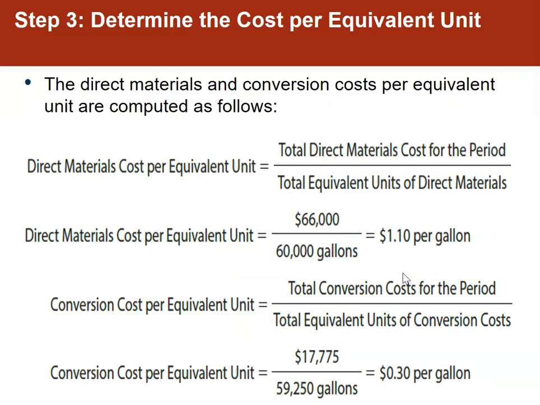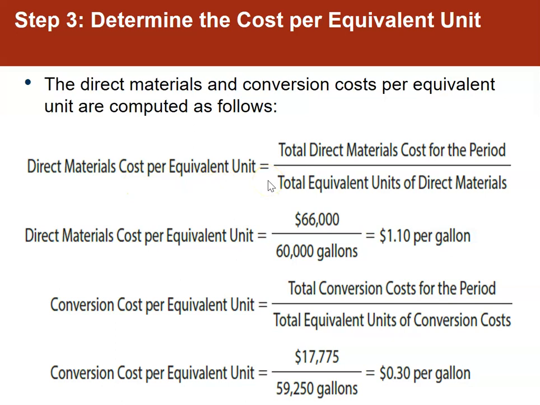So if we look at this, what we've been given here is some figures, and we were looking at the month of July. They've given us a written formula here for direct materials cost per equivalent unit.